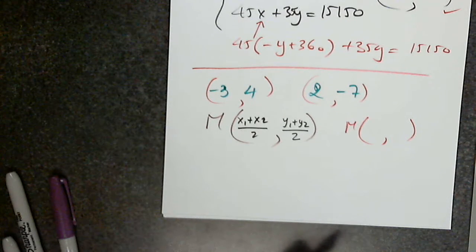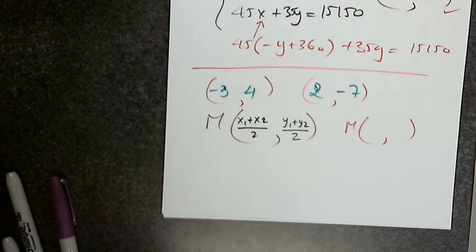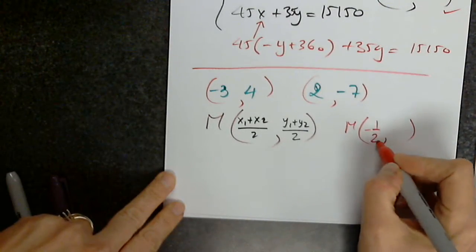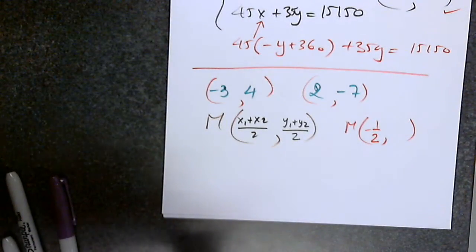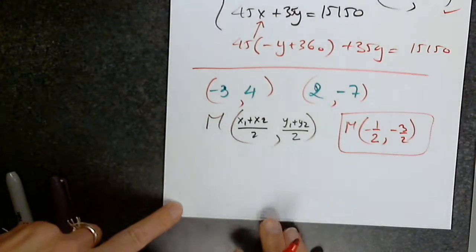When we add up the x's, we get negative 1. And then negative 1 divided by 2. When we add up the y's, we get negative 3 over 2. So this is the midpoint.